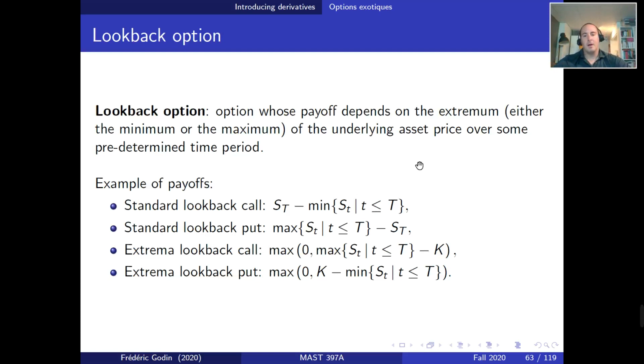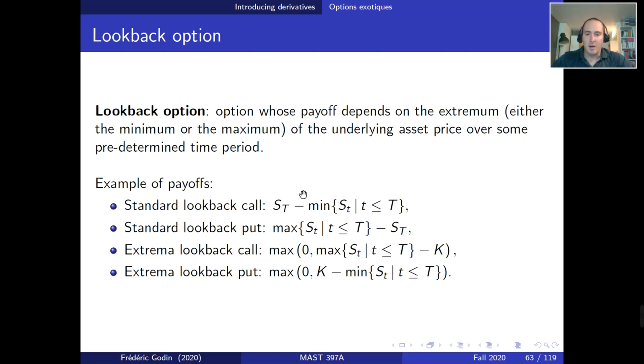So here are examples of payoffs associated to look-back options. A look-back call option payoff is equal to S_T minus the minimum of the underlying asset price over some time period until the maturity date. Of course, the minimum is always smaller than S_T, so this quantity is always positive.